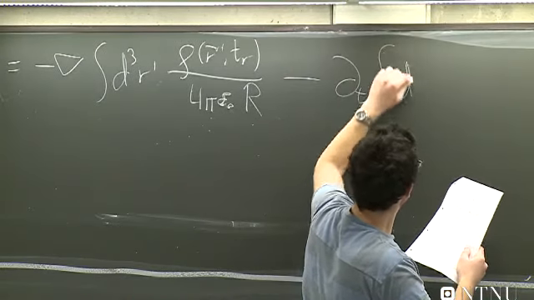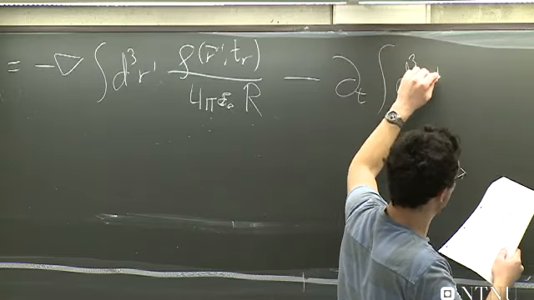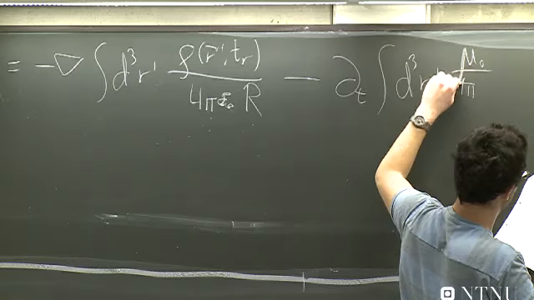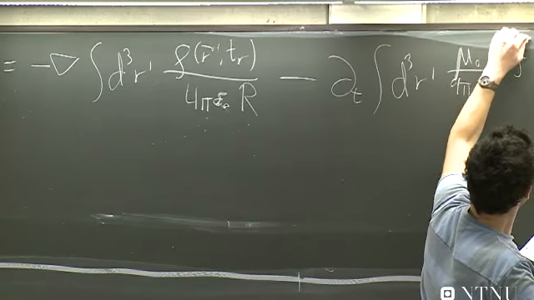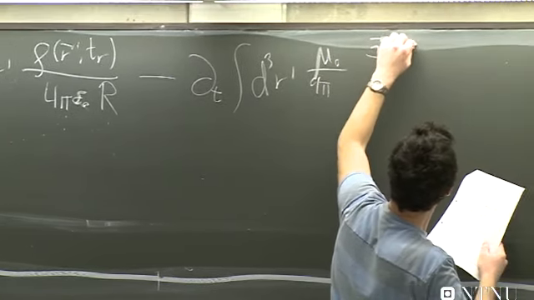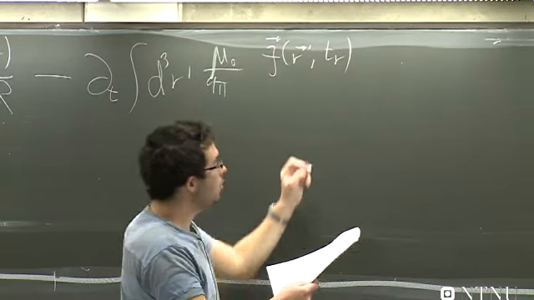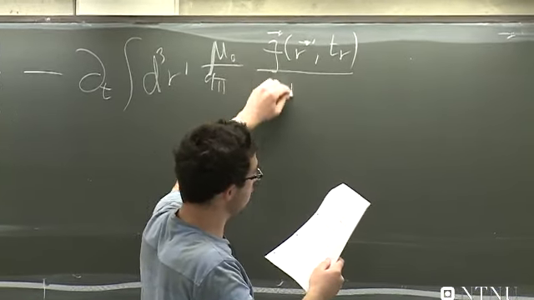So that's d3 r prime mu naught over 4 pi j of r prime and the retarded time, as we'd expect, over r.